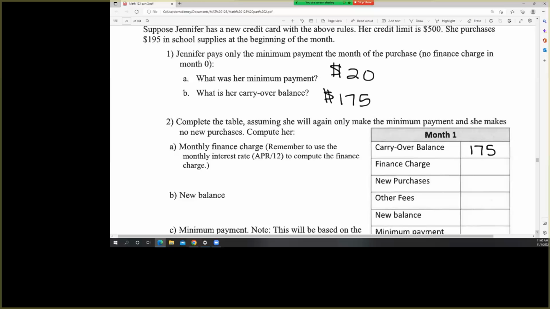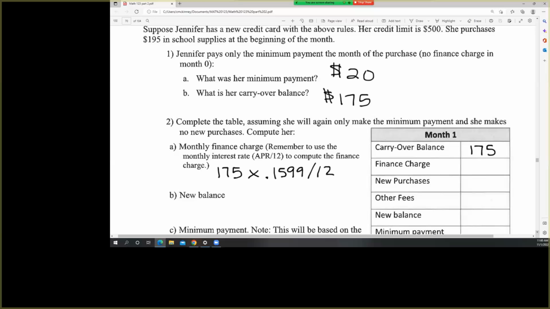So the 175 is what we're going to figure her finance charge on. So 175 times her monthly interest rate, 15.99%, so 0.1599. Divide that by 12, just figuring it for 1 month.